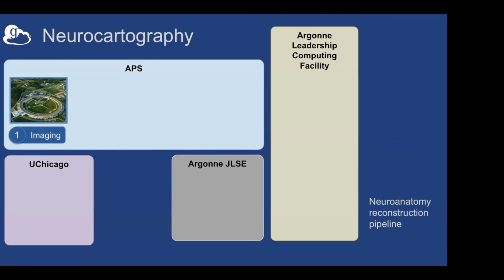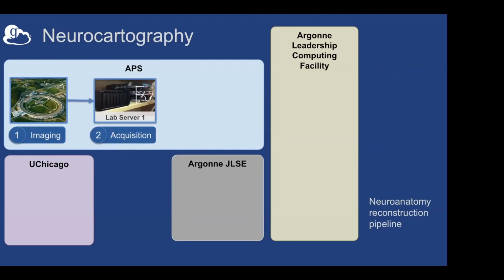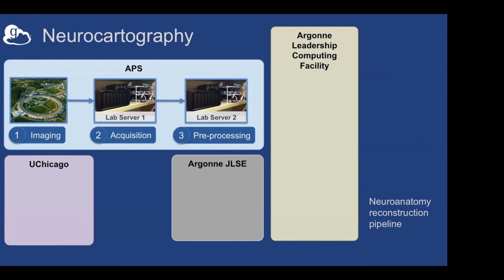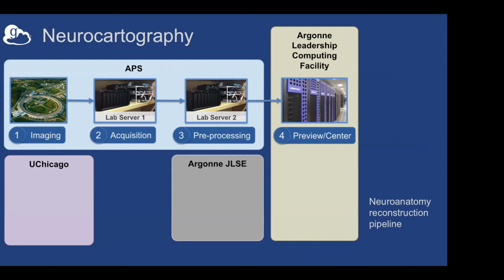So the way the process works is the imaging gets done at the Advanced Photon Source. There are some machines that are tied to the beamline that get the data and just do some initial pre-processing. Then that data is passed over to the ALCF, the Argonne Leadership Computing Facility, where some initial reconstruction is done.